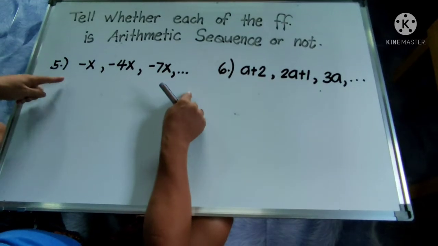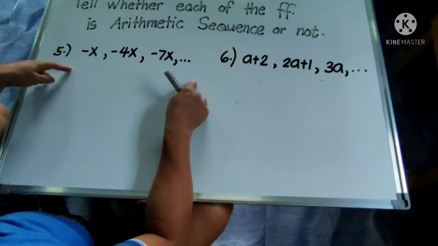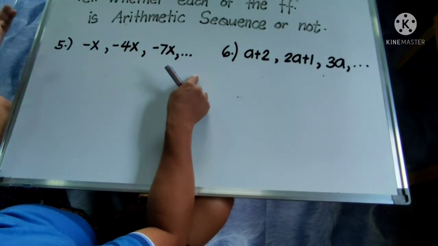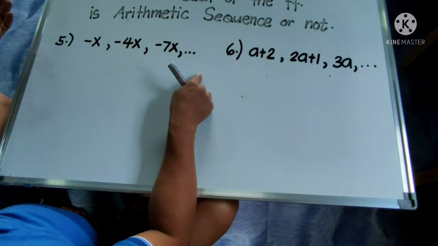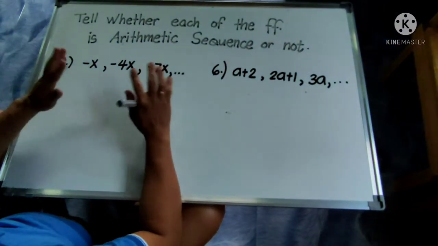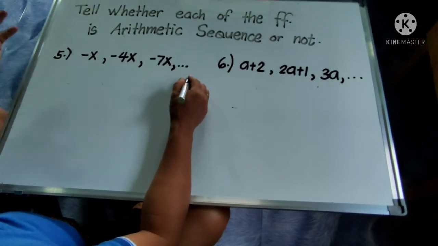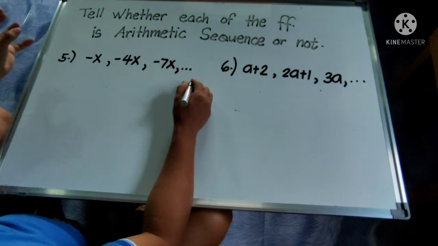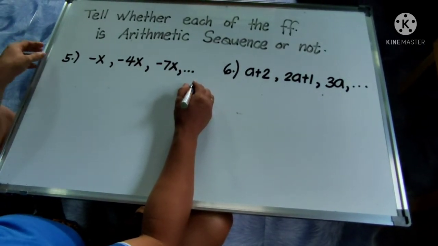So this is the usual fear of students. If they see that the given is in a different form, they think that the way to attack it is different from the concept provided. We have to bear in mind that whatever is the given, whatever form it takes, do not stay away from the concept.